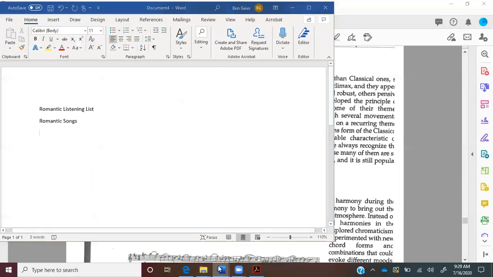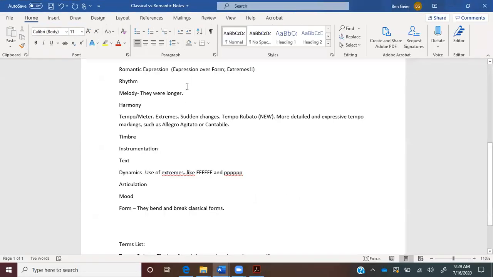Okay, so let's talk about melody. So we already had that they were longer. They used thematic unity, which means that their themes would reoccur. All right, and so they would use their themes to unite the piece, if that makes sense.